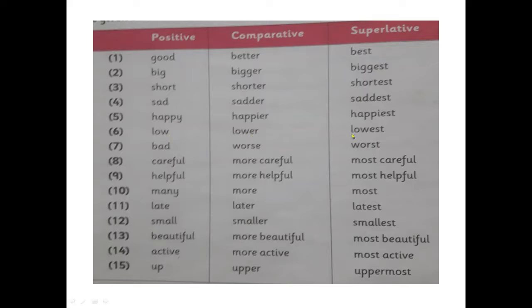Low, lower, lowest. You use these forms in different sentences for describing nouns. Bad, worse, worst. Careful, more careful, most careful. Helpful, more helpful, most helpful.